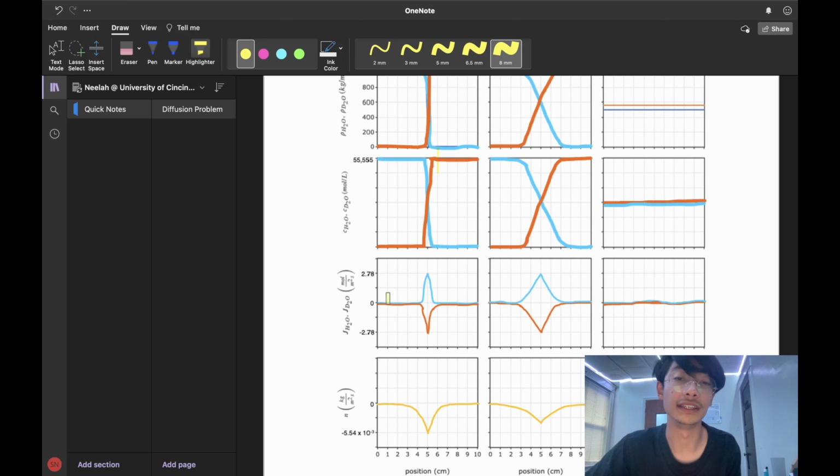So the diffusion flux is 2.78 at the 5 centimeter mark, because that's where the most amount of mixing is happening at 0.1 seconds, because that's where the contact is between the two substances. Likewise, the molar flux of D2O is going to be negative 2.78, again because it's equal and opposite.